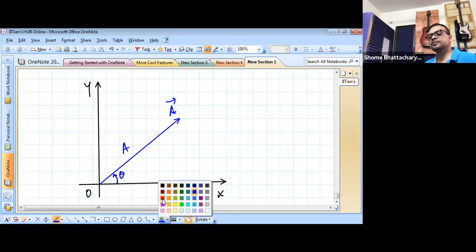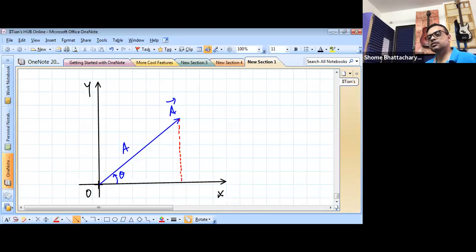Then in this diagram, I can see that if I drop a perpendicular from the vector E onto the x-axis, then I can represent this length over here as Ex from here to here.